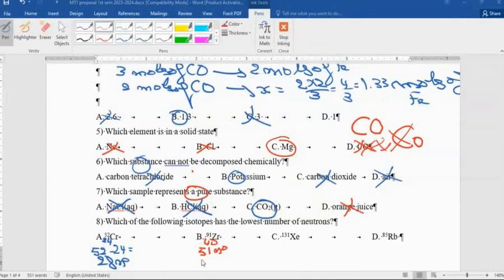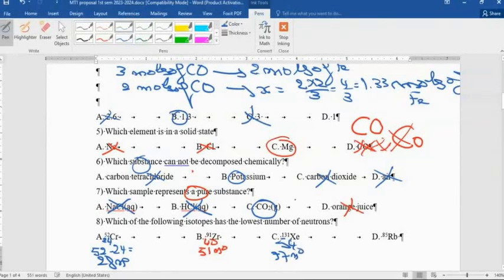Xenon is a noble gas in group number 18, and its atomic number is 54. Simple question. Cup of tea. The number of neutrons will be 131 minus 54, which gives 77 neutrons.